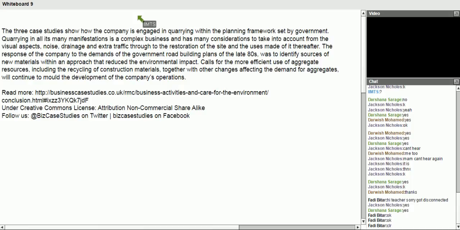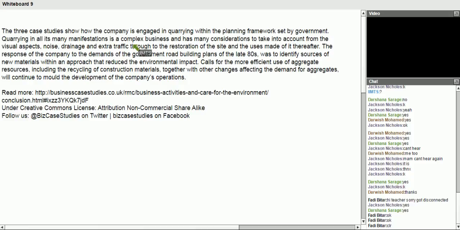The response of the company to the demands of the government's road building plans of the late 80s was to identify sources of new materials within an approach that reduced the environmental impact. You cannot rule out extracting minerals from nature, but don't overdo it. The government has set up laws, so try to follow them and don't go beyond what you are asked to do. Why has the government set up norms to protect the environment?